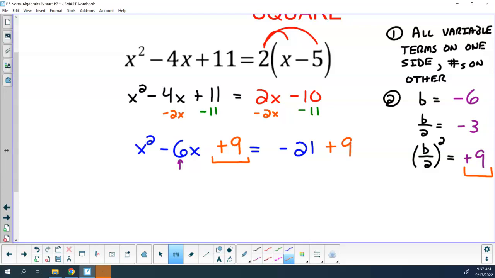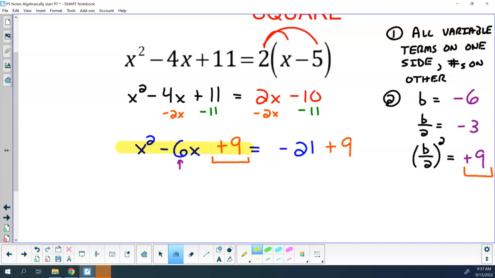Golden rule of algebra still holds. What we've done is, actually let me highlight, this right here is now what is called a perfect square trinomial. We've just created a perfect square trinomial.